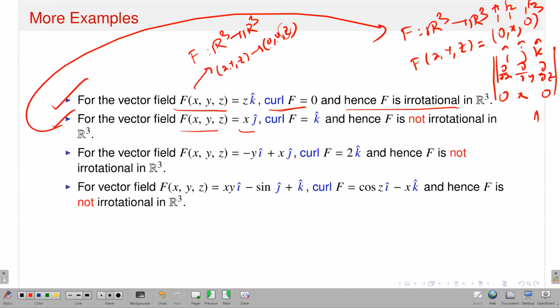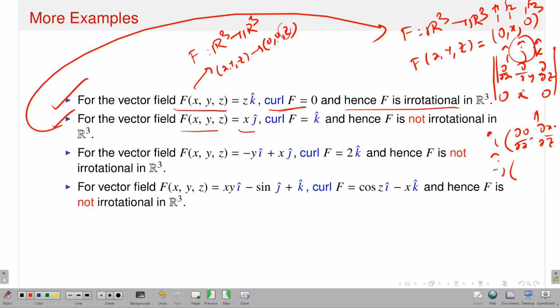For i cap, the corresponding coefficient, if I take del z of x, that is also 0. So, first is i cap, which is nothing but del 0 del x minus, and del 0 then del x del z. So, this is 0.